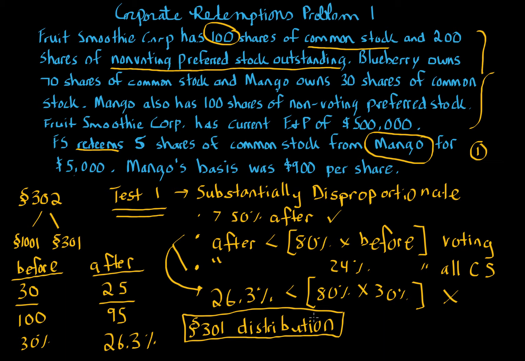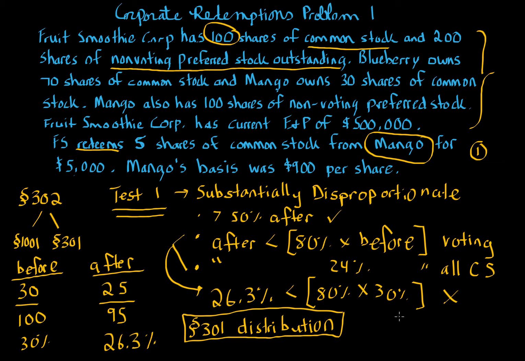Since we don't have more than 2 shareholders, we don't worry about Revenue Ruling 76-364. The concert issue is not relevant. But Revenue Ruling 75-502 is the one where a taxpayer went from 57% to 50% or less, so from more than 50% ownership to equal to or less than. Do we have that here? No, because before was 30%, after 26.3%. So before is less than 50%, after less than 50%.